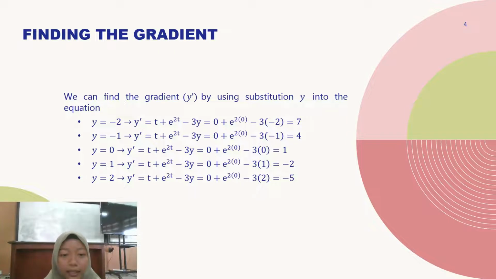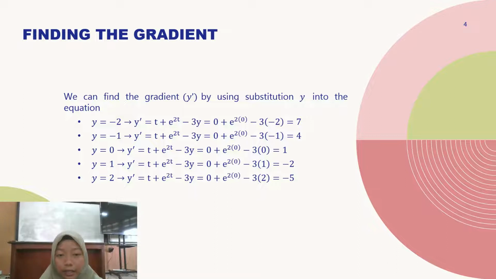For y equals negative 1, we get y prime equals t plus e to the power 2t minus 3y equals 0 plus e to the power 2 times 0 minus 3 times negative 1 equals 4. For y equals 0, we get y prime equals 0 plus e to the power 2 times 0 minus 3 times 0, so equals 1.